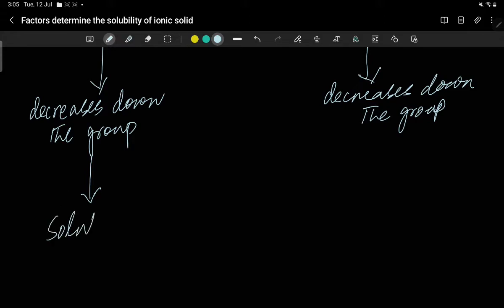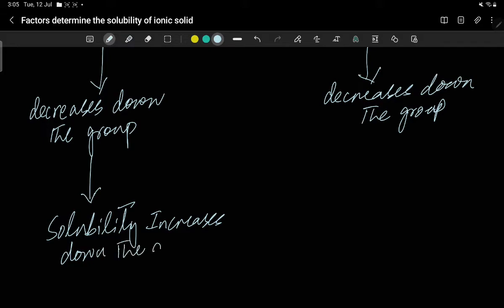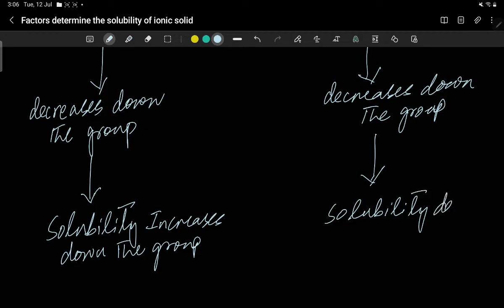Solubility increases down the group. Solubility decreases down the group.